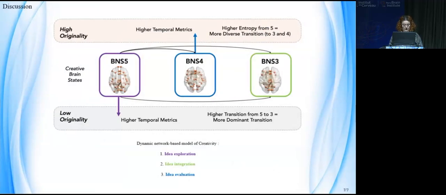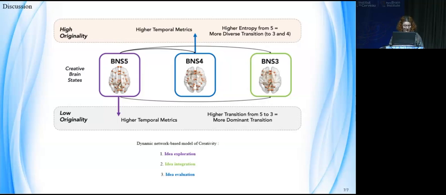So to discuss, we hypothesized creative states reflect different steps of the creative process. State 5 represents the idea exploration. It involves deep internal generation with strong activation in posterior brain regions, like the isthmus cingulate cortex, but spending too much time in this state does not allow efficient creativity.